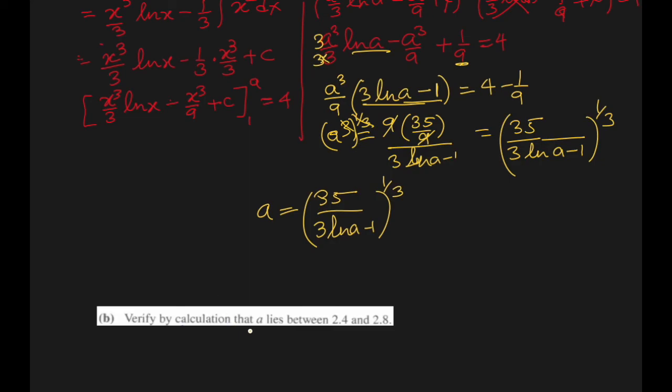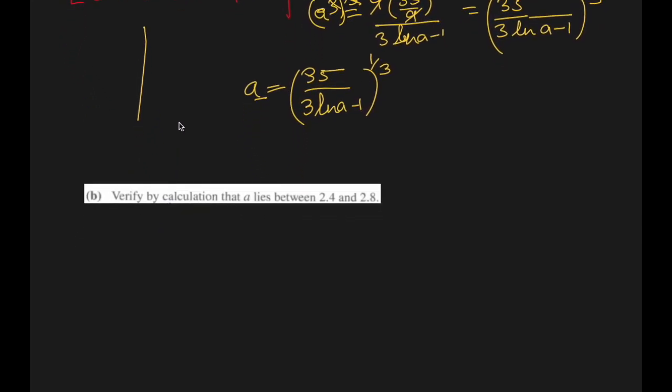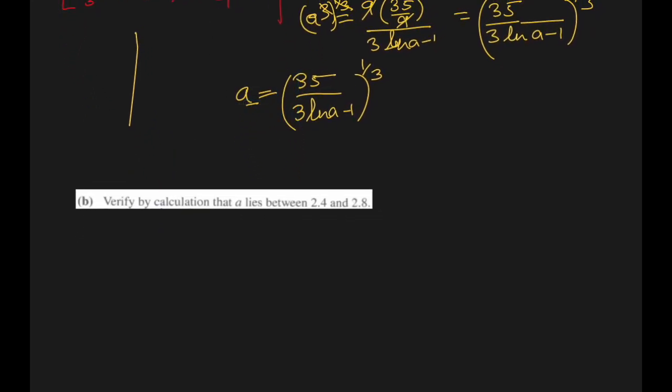Verify by calculation that a lies between 2.4 and 2.8. Whenever they say verify, what do we do? We bring everything to one side. So let's rewrite this as a minus 35 over 3 ln a minus 1, to the power 1/3, equal to 0.